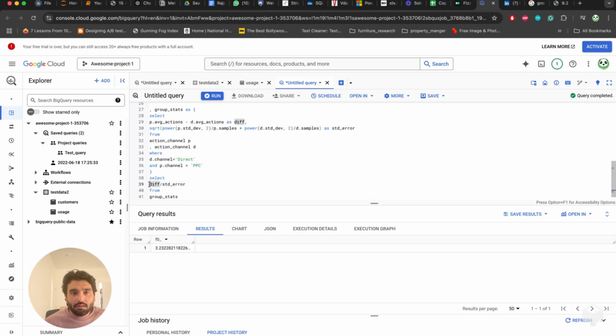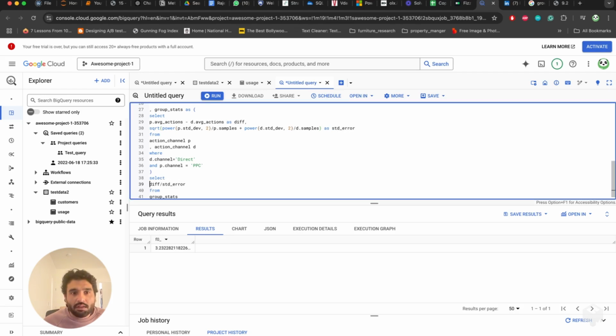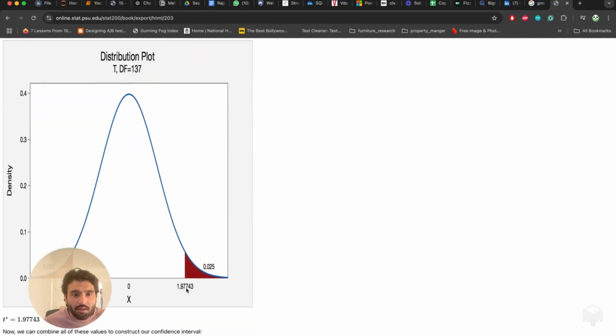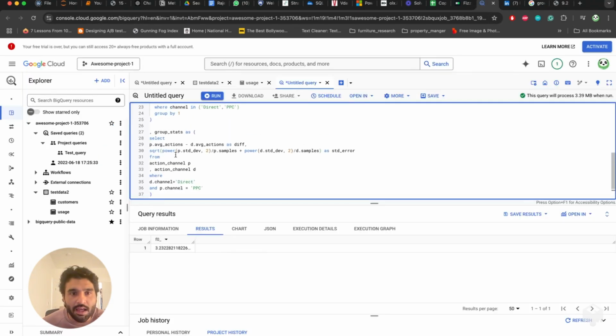So now let's see what the t statistic means. Generally, if the t statistic is more than 2, it means there's a 0.25% chance. If it's a two-tailed test, meaning if the difference that I have taken is either a positive value or a negative value, it can go two ways.